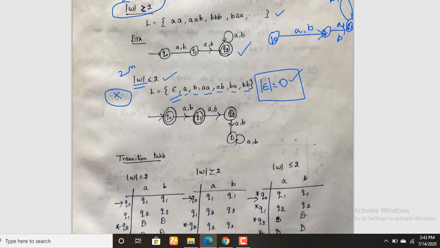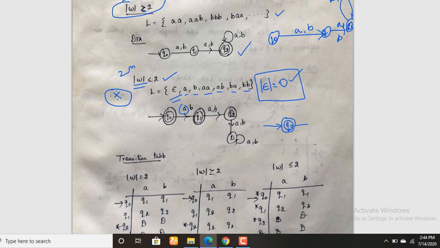First, I have taken out the first string, epsilon. For accepting epsilon, you will make your starting state a final state. This is the way of accepting the null string. Next, A. If A comes, it will move to the final state, one more final state Q1.